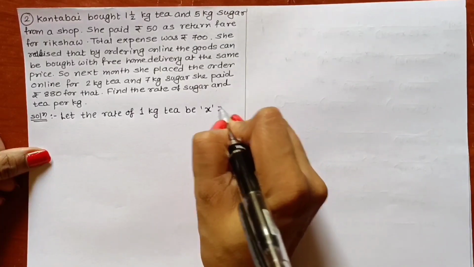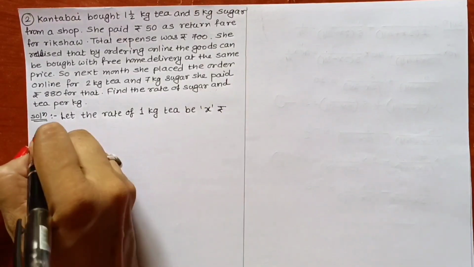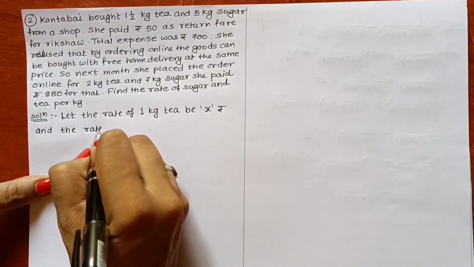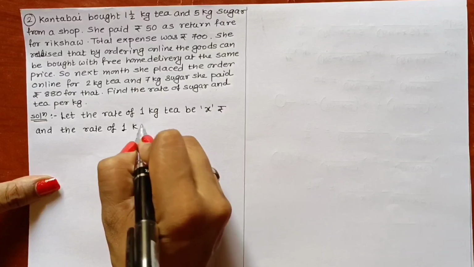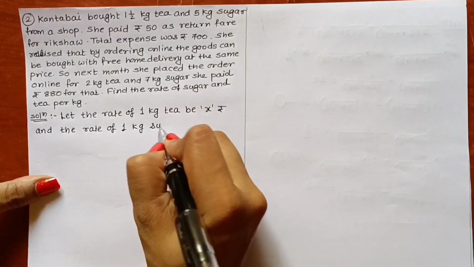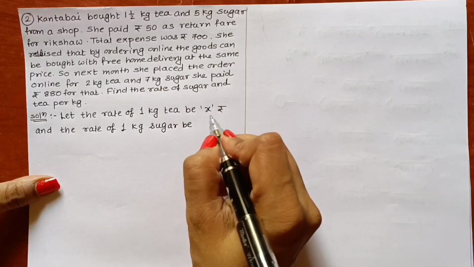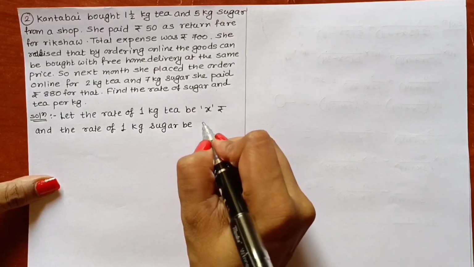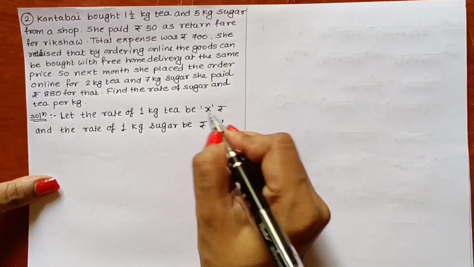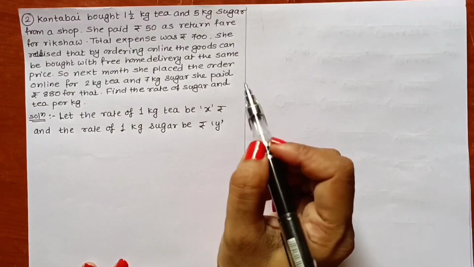Okay, we don't know the rate, so we can imagine x rupees and y rupees, and the rate of 1 kg sugar be y rupees. So 1 kg tea is rupees x, 1 kg sugar is rupees y.